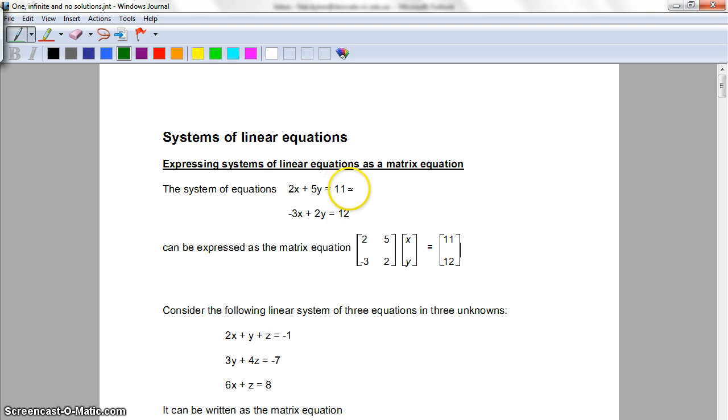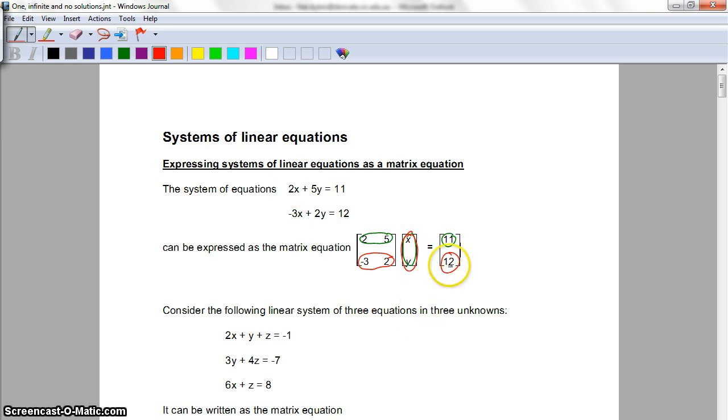So this top row multiplied by this column will equal that number there. And for the next equation, it would be negative 3 multiplied by x plus 2 times y equals 12. So in a different color, this row multiplied by this column will equal that one there.